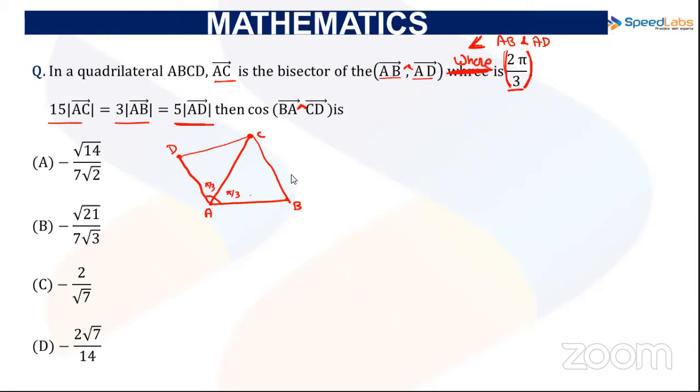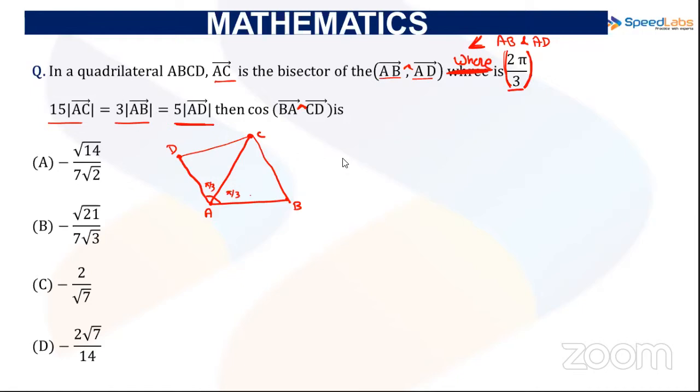Also it is given to you that 15 AC is equal to 3 AB equal to 5 AD. So you have to find the cos of the angle between the BA vector and the CD vector. Let us assume that mod AC is equal to lambda.